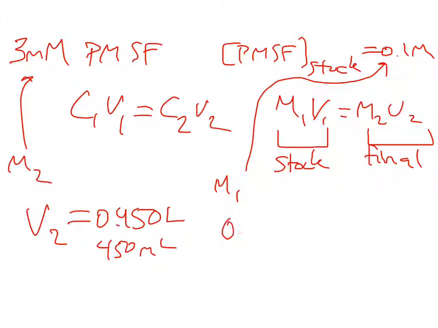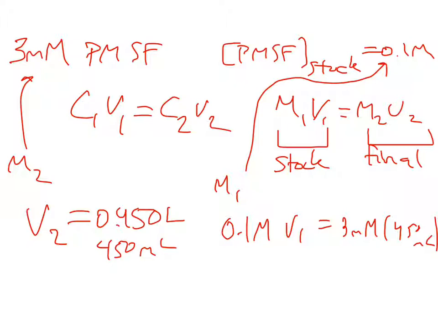So I'm going to set this up. We have 0.1 molar, V1 equals 3 millimolar times, let's do milliliters because that's an easier unit to work on, 450. And again, this equation works perfectly no matter what unit you use, but it has to have the same unit. If we try to do 3.1 without changing the unit, something's going to get messy. And so we always want to make sure our units are the same. So here I think I'm going to just get the molar to millimolar by multiplying by 1,000.